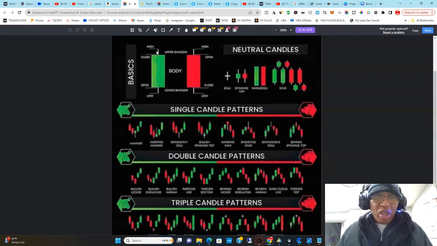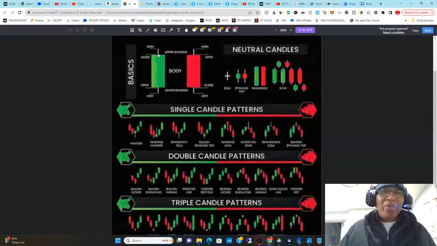Sometimes it shoots higher and then retraces, or shoots lower and then retraces back up and closes here. That's why we have the shadows, or wicks, indicating that at one point during that time frame, the asset had gone higher or lower in value before it closed at a certain value.